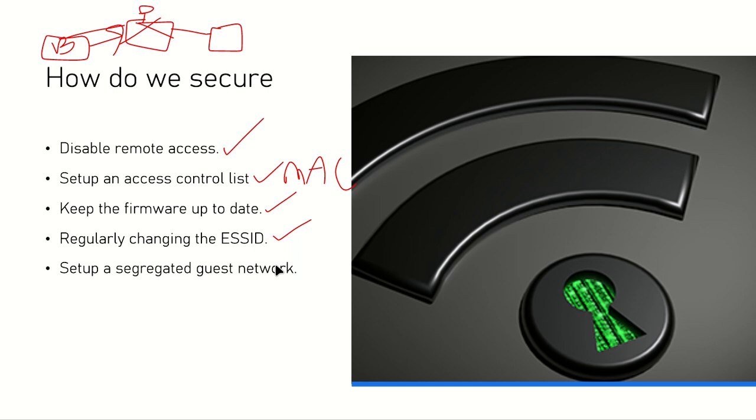Another thing you can do is set up a segregated guest network. I'm sure you may notice that modern routers can have two different networks. You can find that there's a normal 4G network and there's a 5G network. That's something that you can put into practice. Those who are visiting, or guests rather, would connect to a guest network and you are segregated from them. That's another thing to put into practice, and by so doing you can up the security of your wireless network.